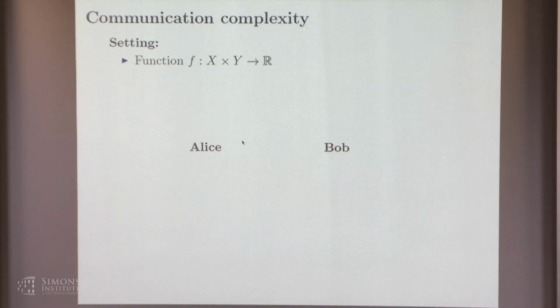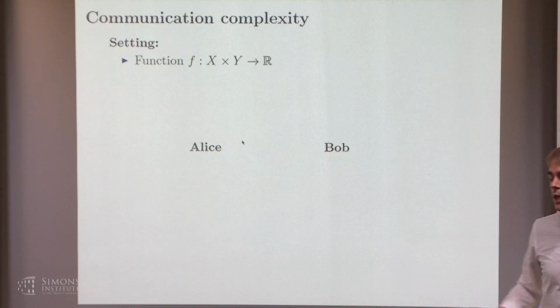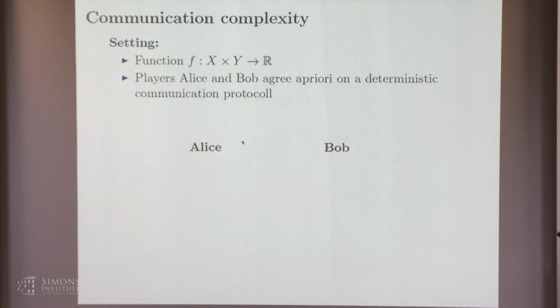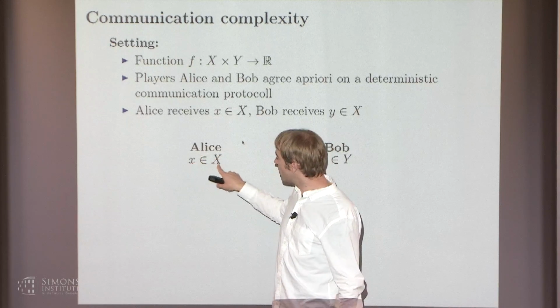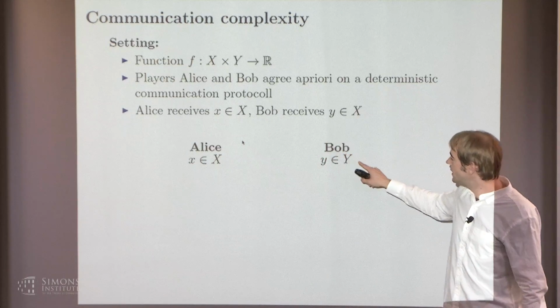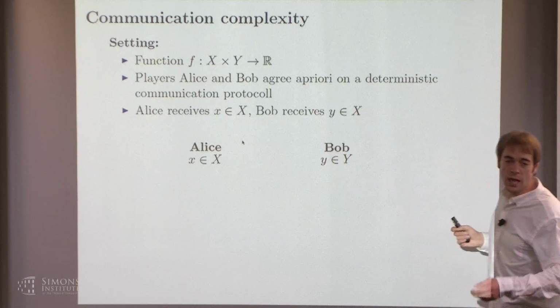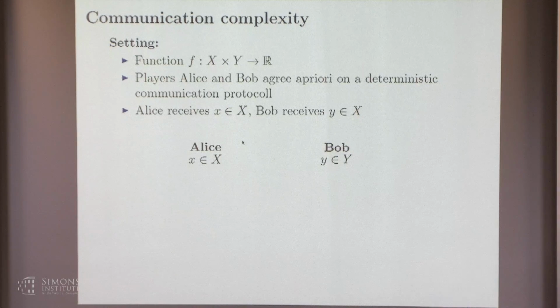Okay, so the general setting in communication complexity is the following. There's some function f that depends on 2 inputs. Let's say some input coming from capital X and some input coming from capital Y, and let's say it just gives you some number. And you imagine that you have 2 players, Alice and Bob, A and B, and Alice gets half of the input. Let's say Alice gets the input from capital X, and Bob gets the input from capital Y. And now they want to figure out what is actually the value of the function.